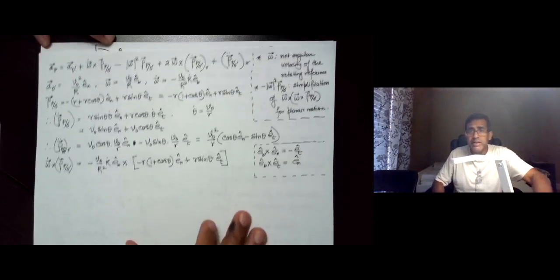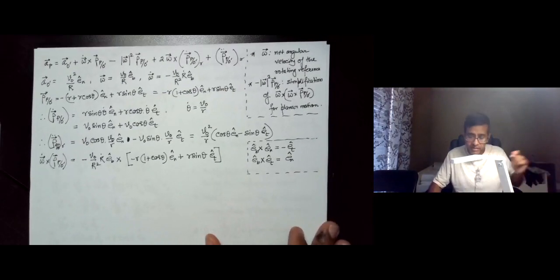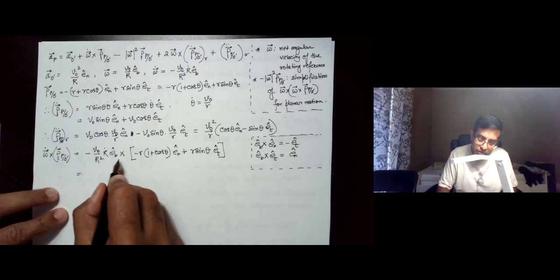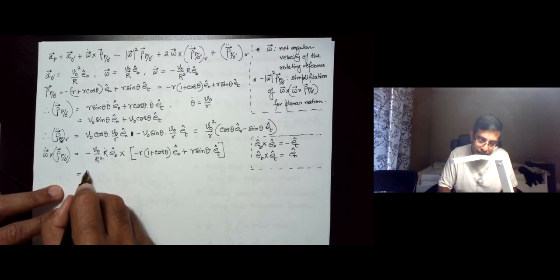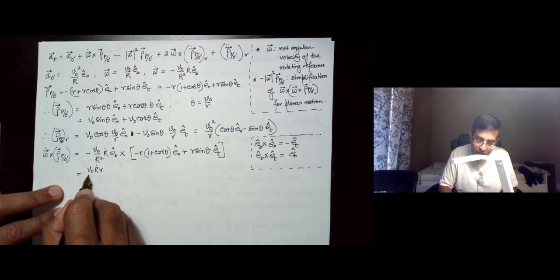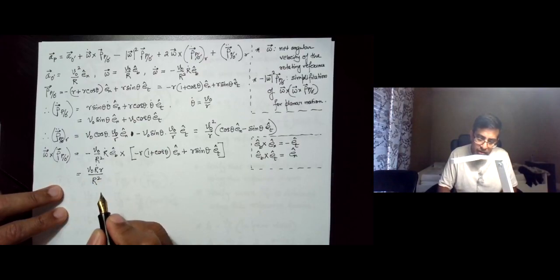Okay, so we have the cross product of the unit vectors. So our expression then is going to be V squared capital R dot small r divided by capital R squared.